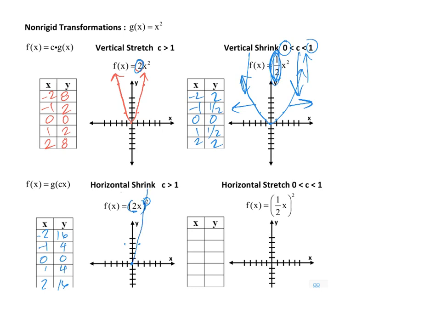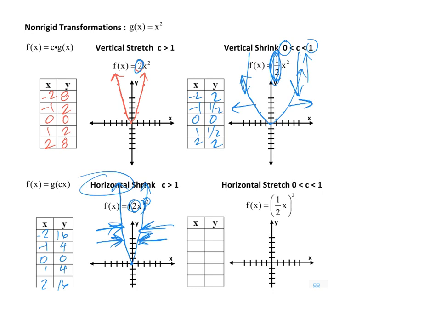There's my graph. This is known as a horizontal shrink, because if you're looking at it from a horizontal perspective, what's happening horizontally to the graph? The points are coming closer and closer together in comparison to the original graph. So if the number inside is greater than 1, it creates a horizontal shrink.